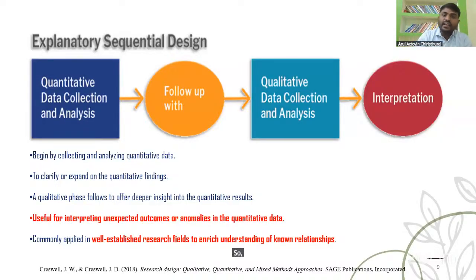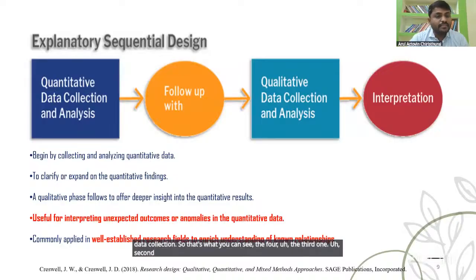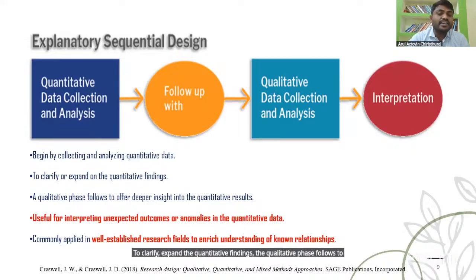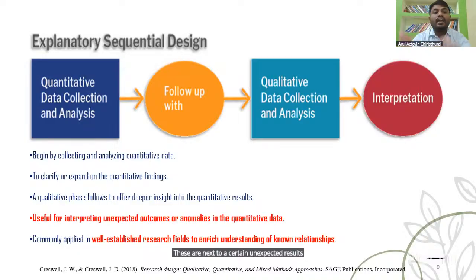In that case, we can go with the qualitative data collection. That's the second step: to clarify and expand the quantitative findings. The qualitative phase follows to offer deeper insight into the quantitative results. When certain unexpected results come from the quantitative data, they can be given further explanation through qualitative data collection.